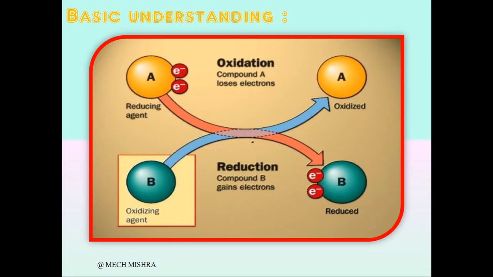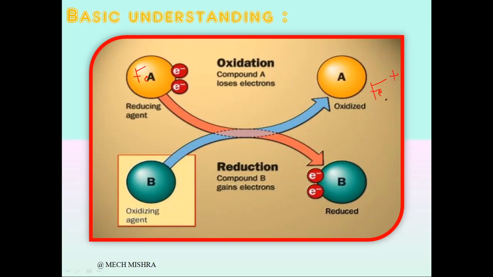So once more we can understand what oxidation and reduction are. This diagram will be helpful to memorize and remember in your mind what is oxidation and what is reduction. So here A is iron, Fe, as in the earlier example. When Fe loses its electrons, it gets oxidized and becomes Fe+.